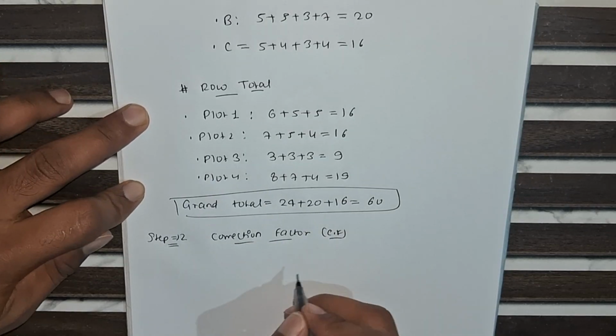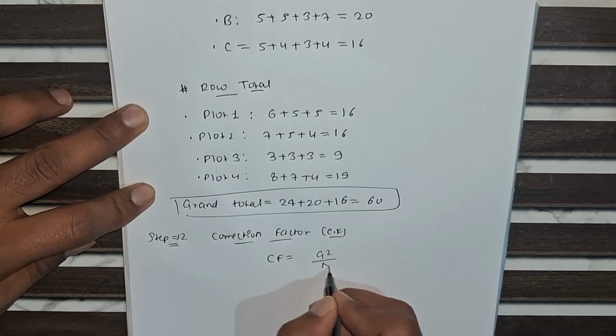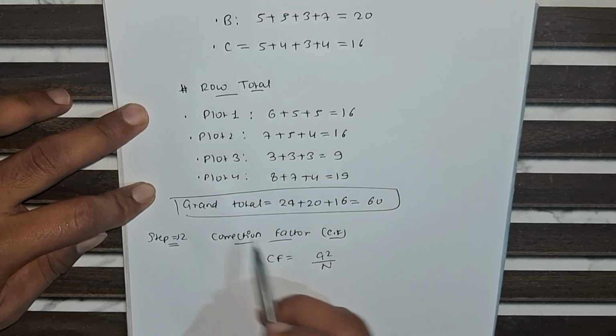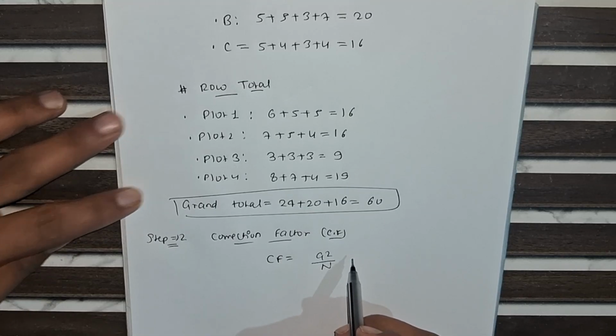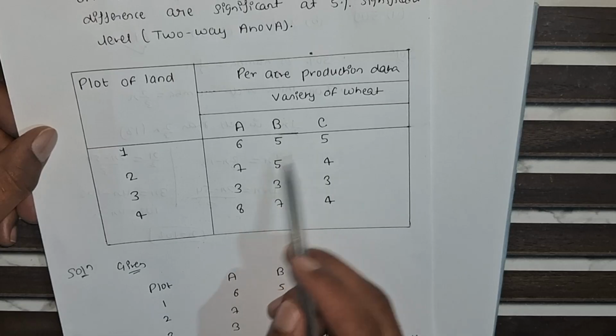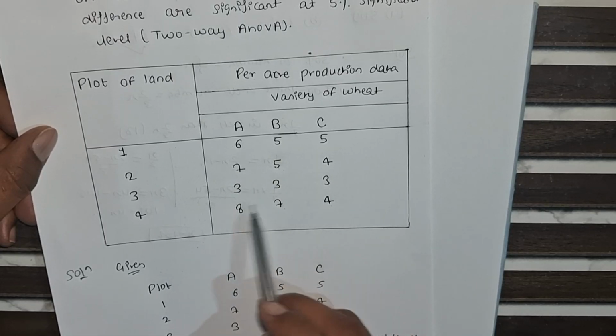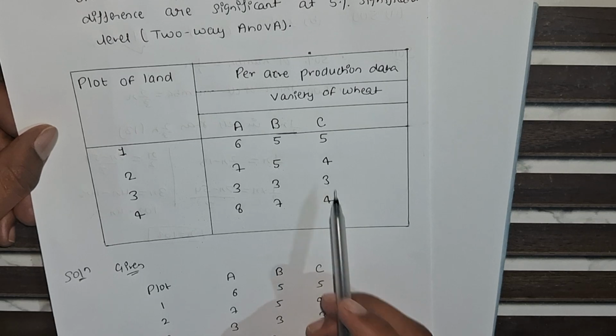So what is the formula to find the CF? CF is nothing but G square by capital N. What is G? Which is our grand total, and N is the number of total observations, which is given in this table. So 1, 2, 3, 4, 5, 6, 7, 8, 9, 10, 11, 12. So 12 observations are there. So the value of capital N equals 12.